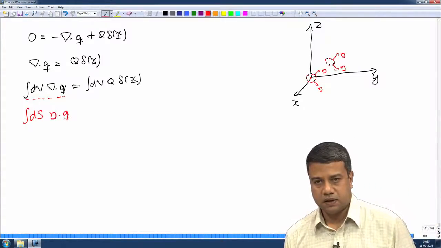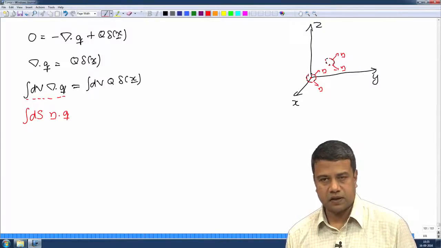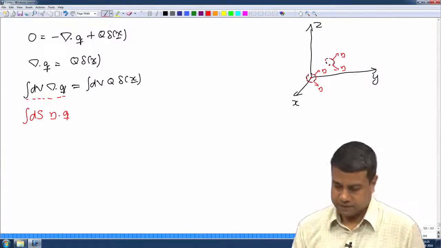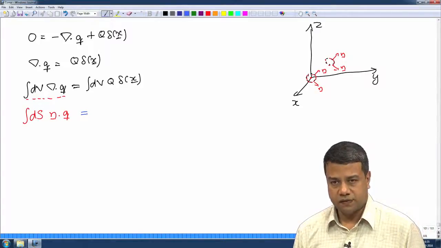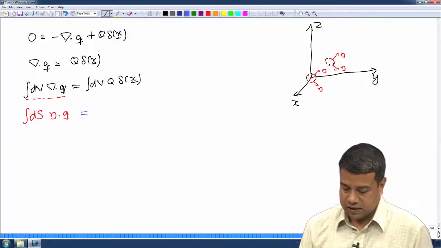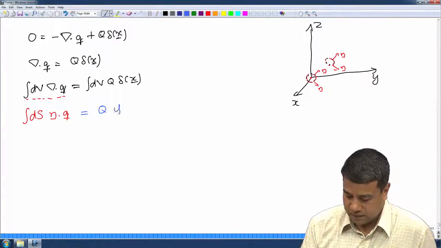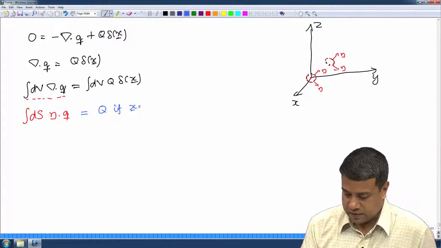On the right side, the integral over a volume of the delta function is equal to q if x equal to 0 is in the volume.